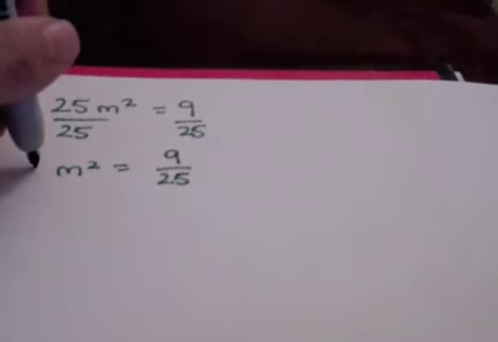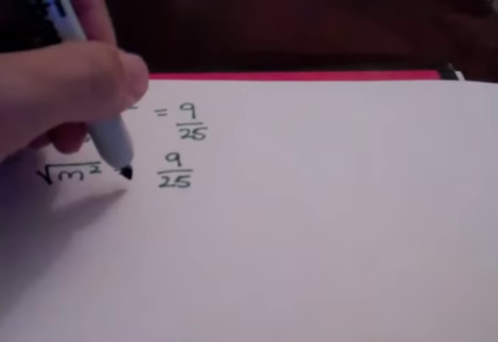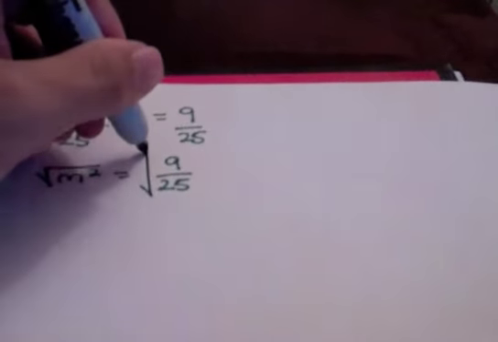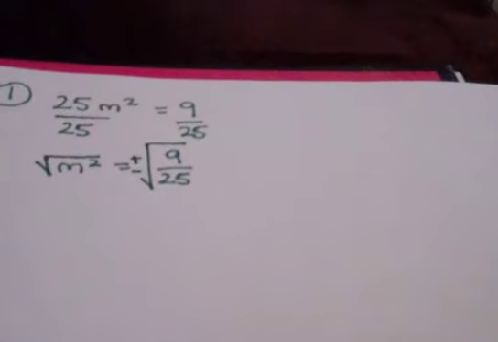Now our next step is going to be to get m by itself. So we'll need to take the square root, and if we do it to one side we have to do it to the other side. We should always put in a plus or minus whenever we do a square root, because of what we did before that shows there's always a positive and a negative value that gives you your squared value.